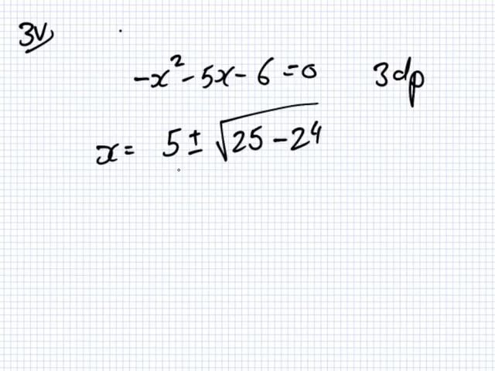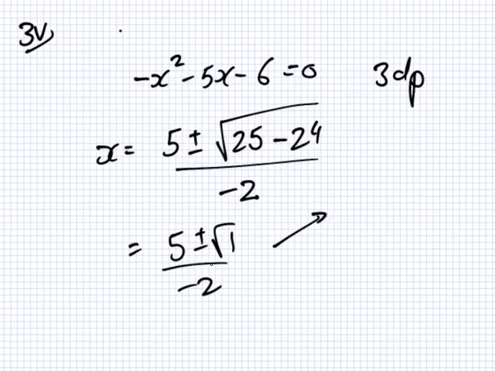Why don't we just remove the negatives? You could, and then that's fine. Get the same answer. Yeah. 5 plus or minus root 1 over minus 2. 5 plus 1 is 6. 6 over minus 2 is minus 3. 5 minus 1 is 4. 4 over minus 2 is minus 2.